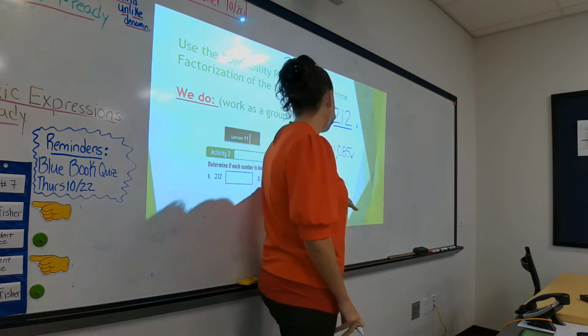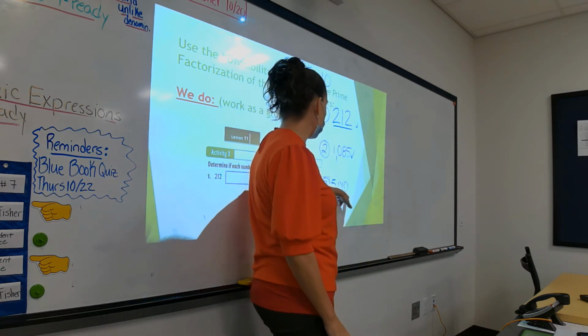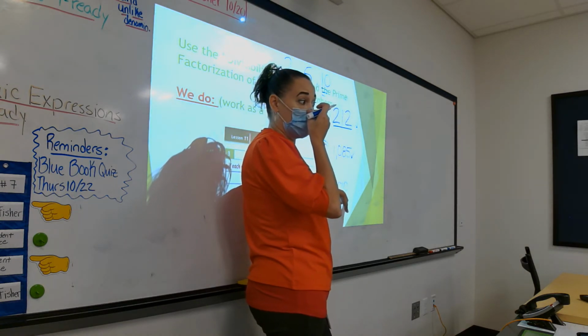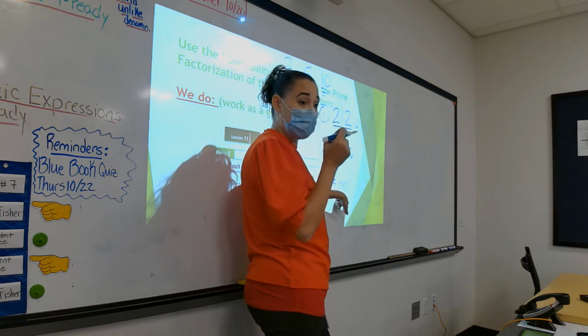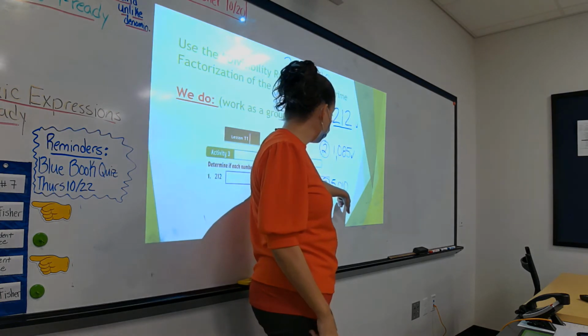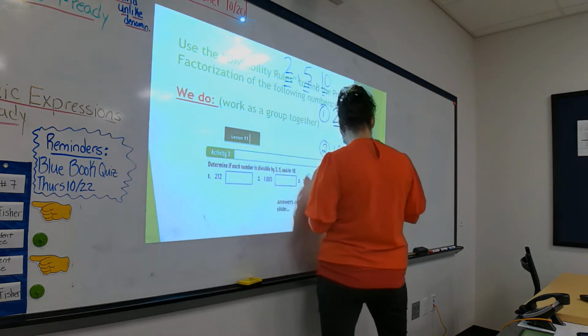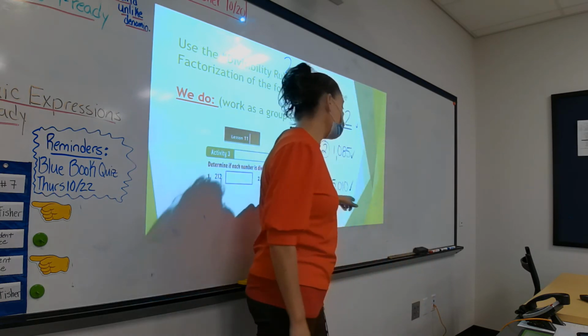Let's try this one. 5010. Is it divisible by 2? Is it divisible by 2, you guys? Is that an even number? Sure is. It has to be divisible by 2. Is it divisible by 5?